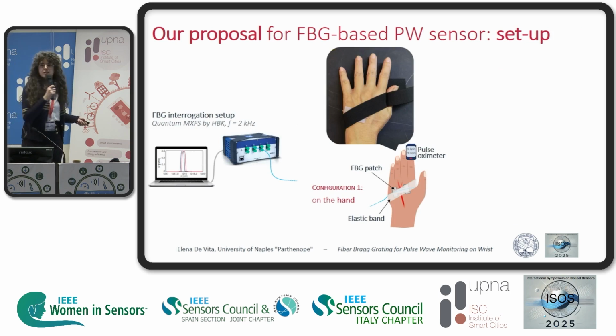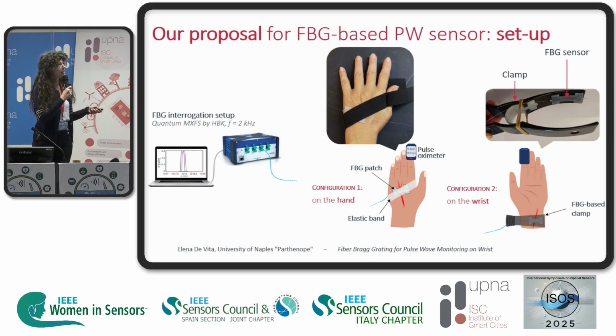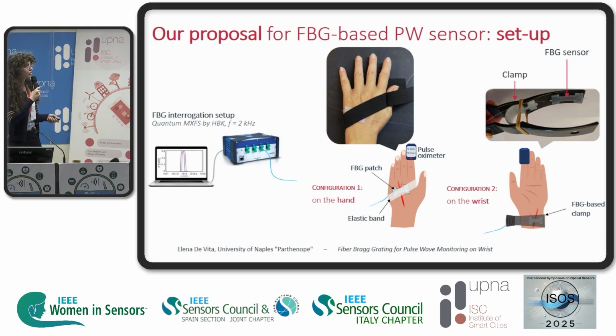So moving to the experimental tests, the first configuration that we implemented is this one, the one that we saw also for the simulation. So the patch is in correspondence of the ulnar artery of the left hand, and an elastic band is used to fix the position of the sensor, whereas the second configuration is to integrate the patch inside a clamp used for electrocardiography.